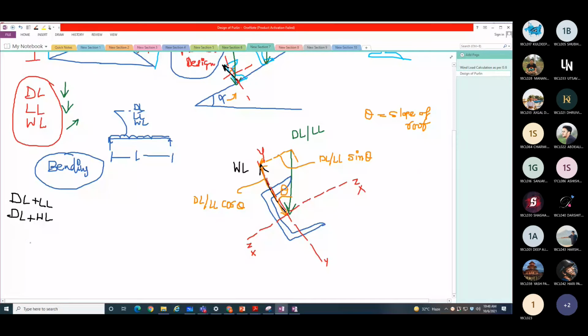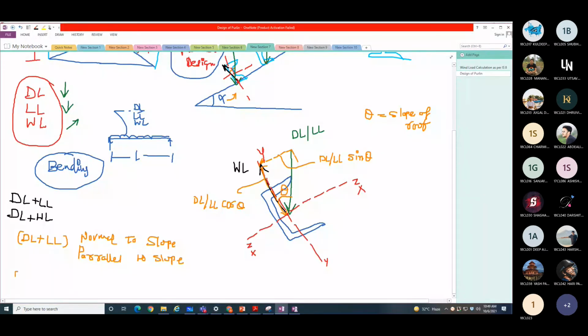So dead load plus live load, both of these you are required to resolve normal to the slope and parallel to the slope. How to do it, I will show you.